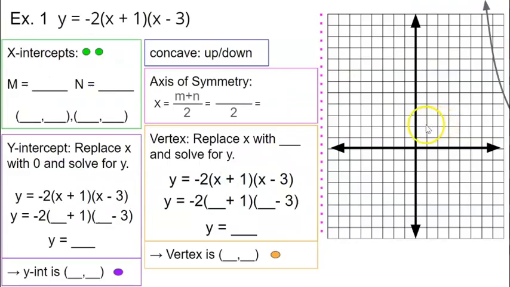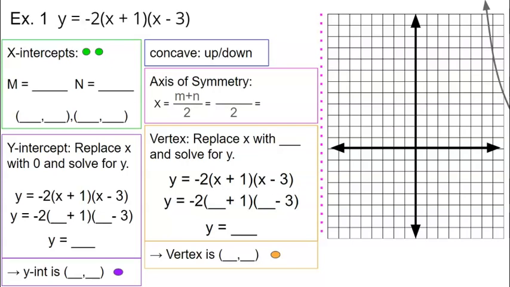All right, now we are going to talk about how to graph using factored form. We just talked about the first two steps of graphing using factored form: using the a value to identify concave up or down, and then identifying those factors. So we're going to do that again. Our equation is y equals -2 times the quantity x plus 1 times the quantity x minus 3.